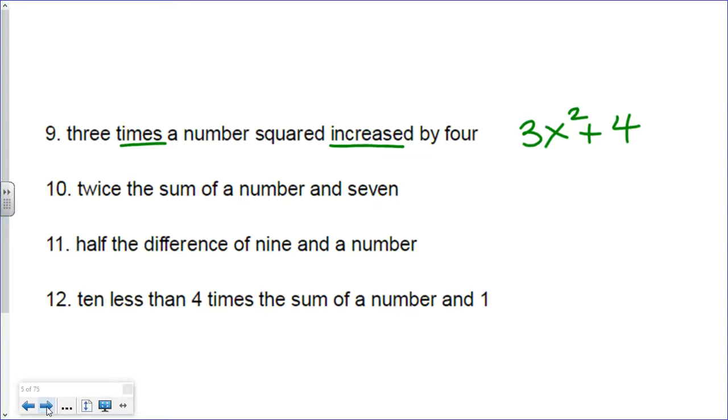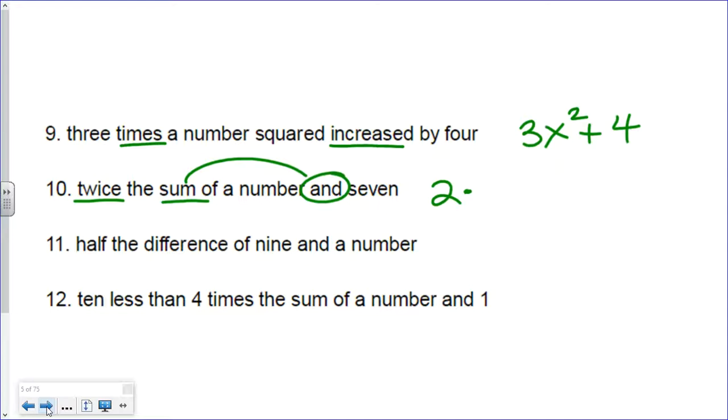All right, Marin, keywords for me, please, ma'am. I think that's it, right? What does twice mean? By 2. So we're going to start with a 2, and then we're going to multiply, right? Now, Marin, my next word is sum. Would it make sense for me to put a plus sign here? No, this sum goes with this and. Is that okay?